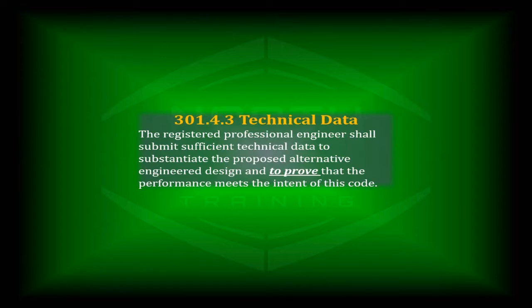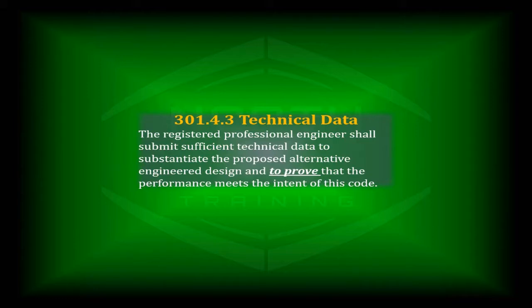Something that tells the authority having jurisdiction before you ever install it that this is going to meet the guidelines and standards you have in your local jurisdiction. And it's not going to be something he's going to take on your word. He's going to take an engineer's opinion of that and run with it. So the engineer is going to have a lot of the final say on what you're doing here.